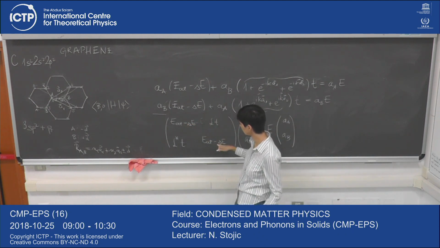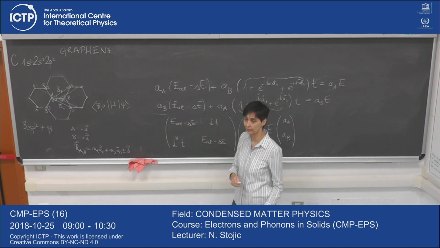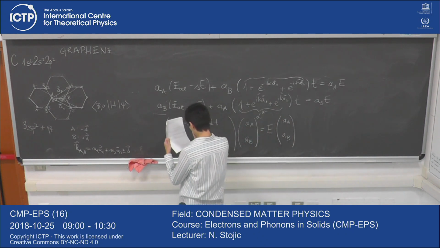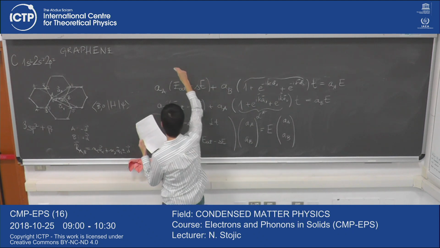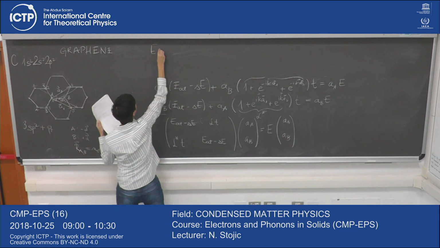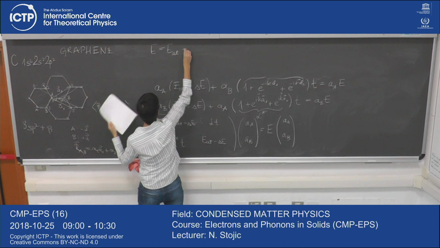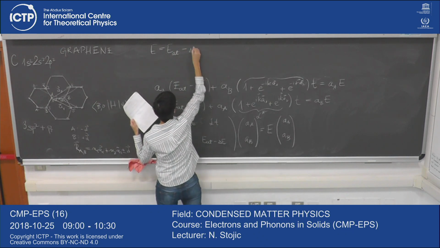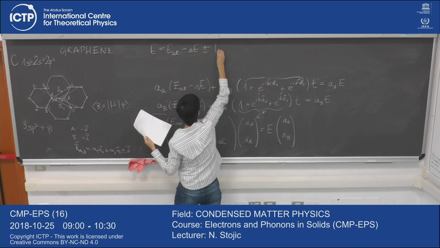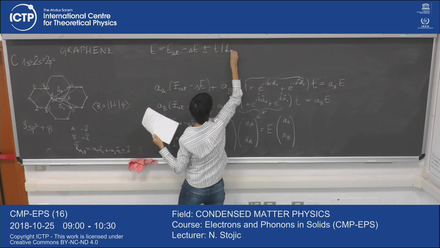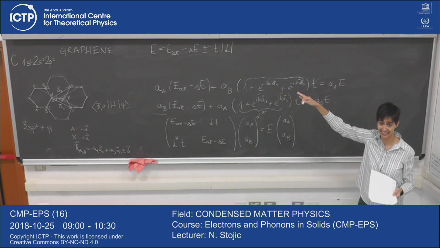You get this times this minus alpha absolute value times this squared, times t, sorry. So I'm writing here the solution. E atomic minus delta E plus minus T absolute of alpha. So I already have dispersion.